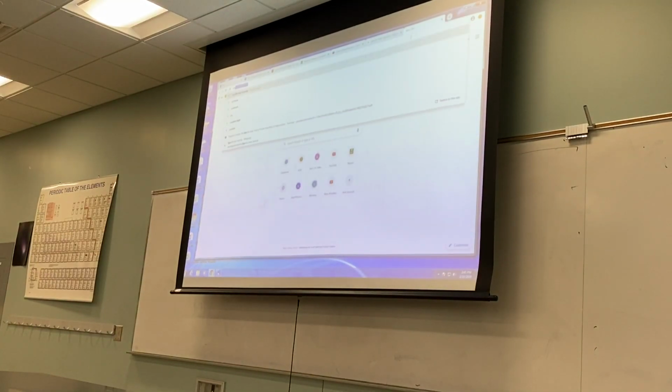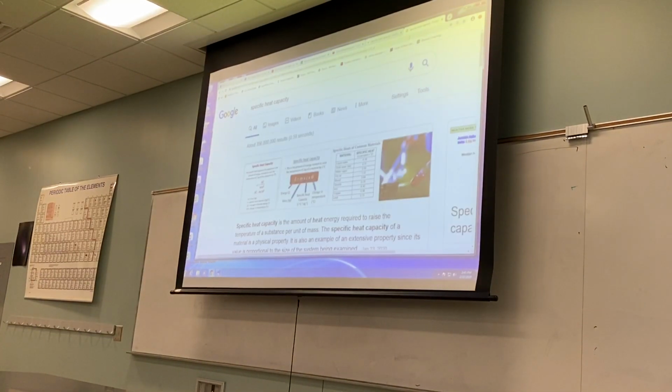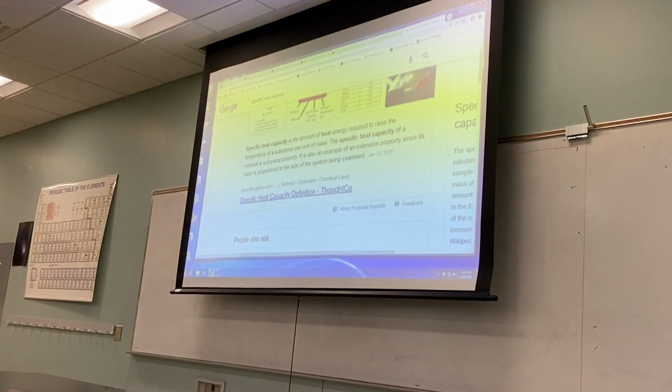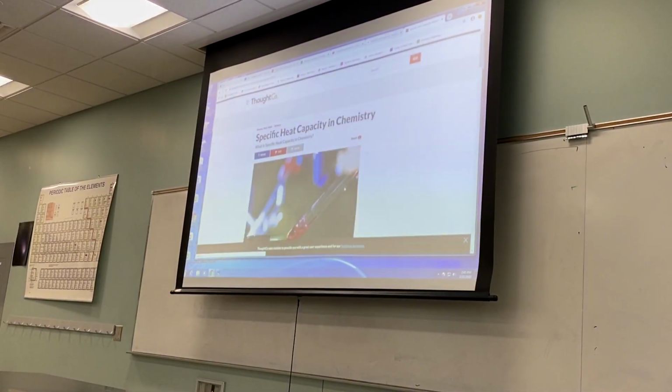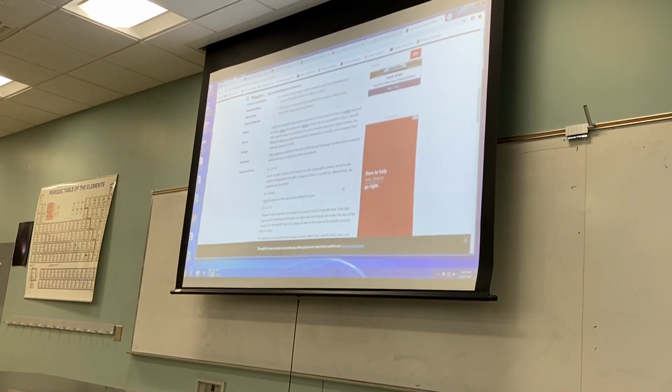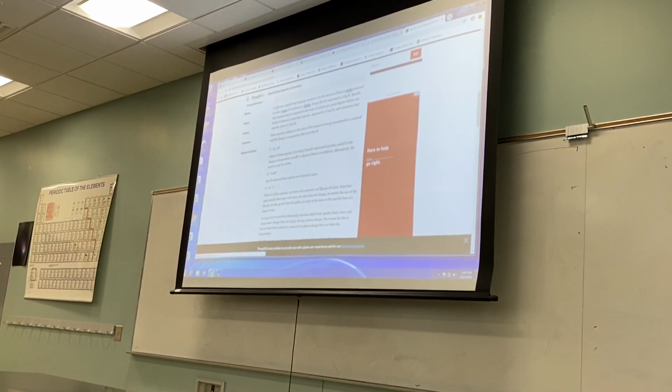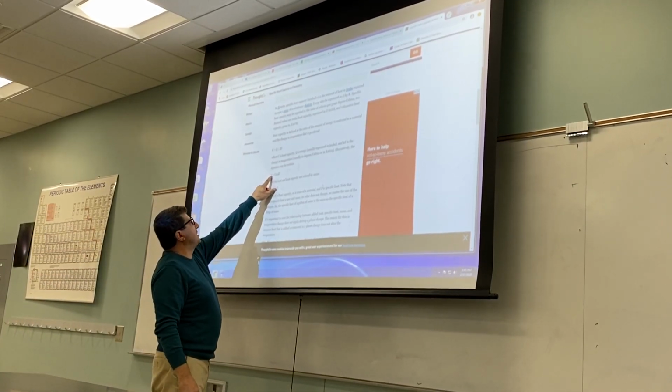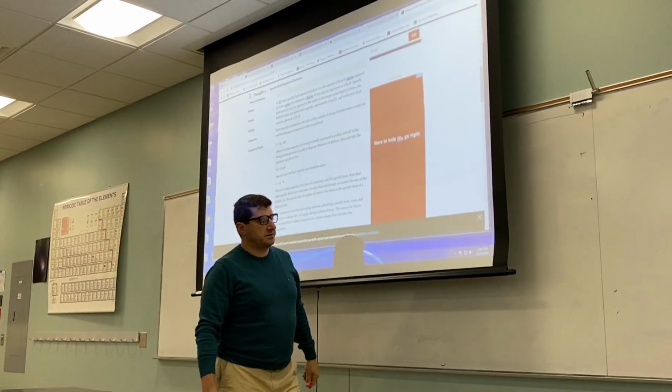Let's just go to specific. So the most basic definition would be specific heat is equal to how much heat it takes divided by the mass.